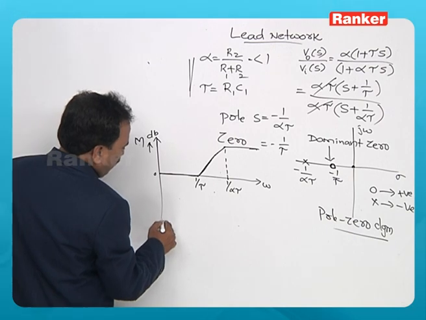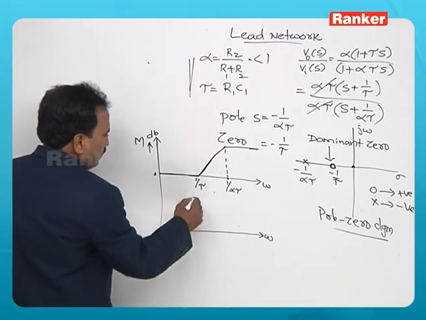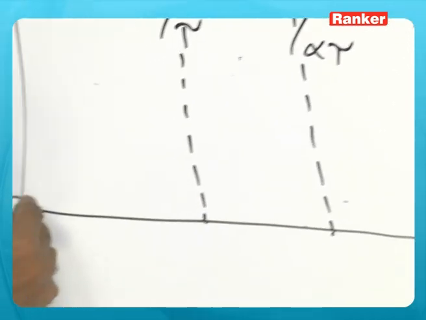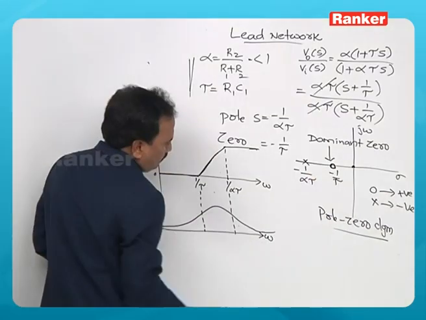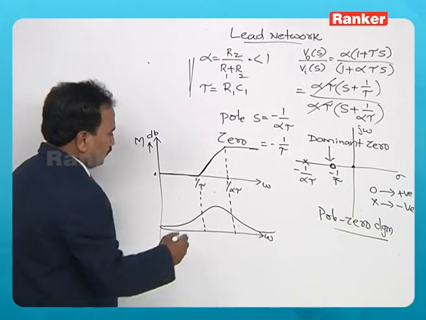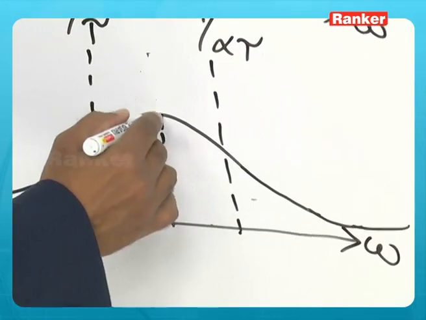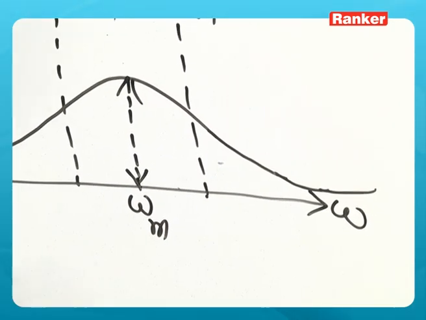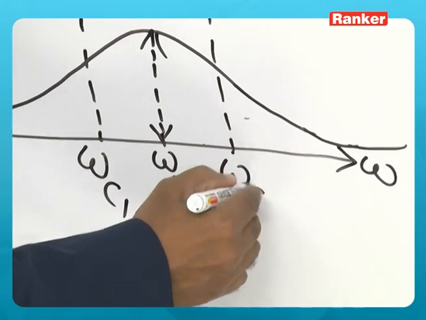And if you see the phase plot, this will be the phase plot of the lead network, and you can see that the maximum phase lead is taking place at, say, omega m. Then these are known as corner frequencies, omega c1 and omega c2.